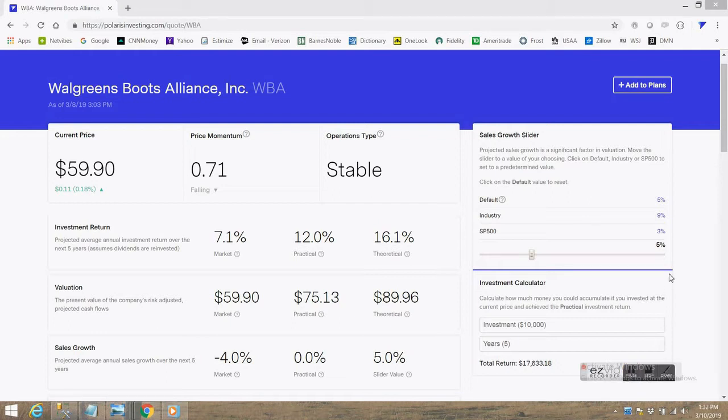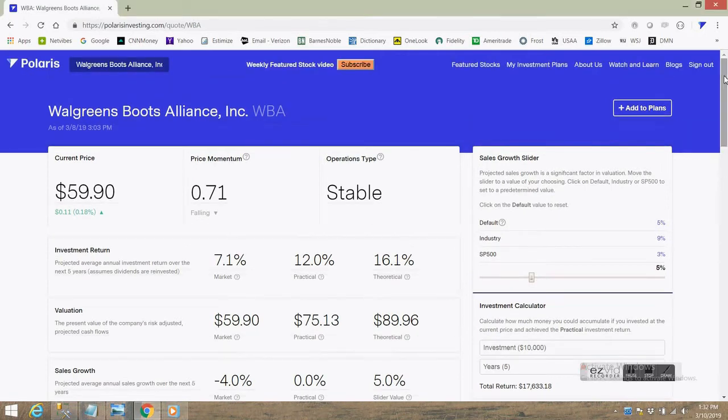Before discussing how to determine a defensible sales growth value, I want to first discuss the significance of the magnitude of the sales growth forecast that you make with the slider. If you notice here, as you move the slider around anywhere below 15% or above minus 15%, the change is only 1% at a time.